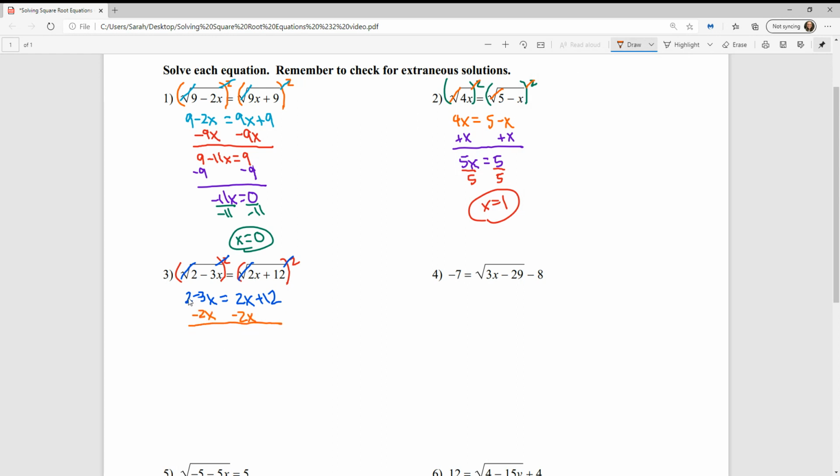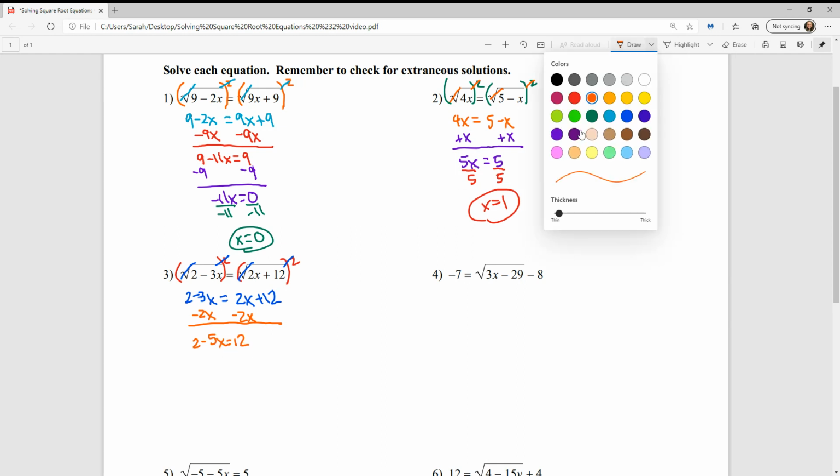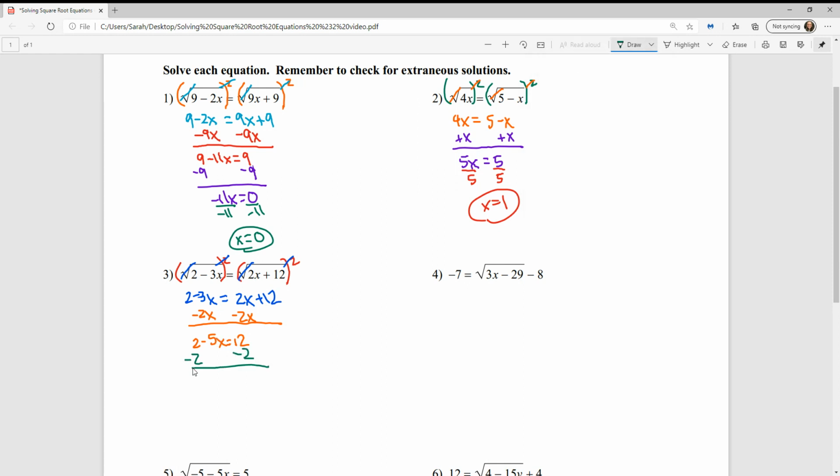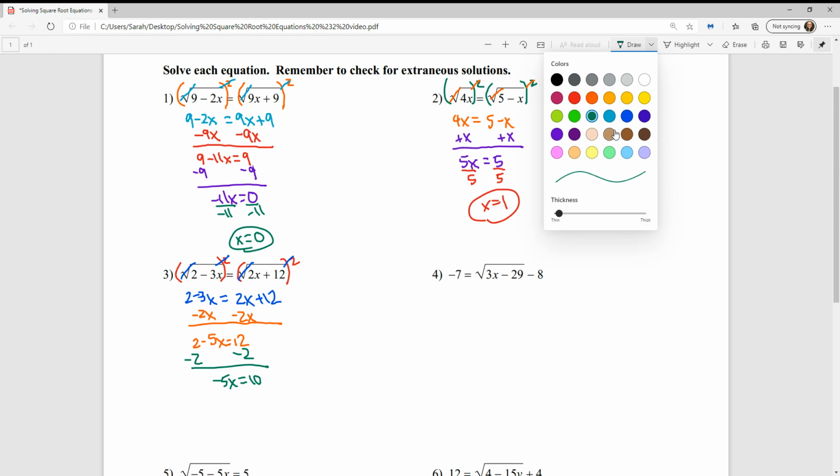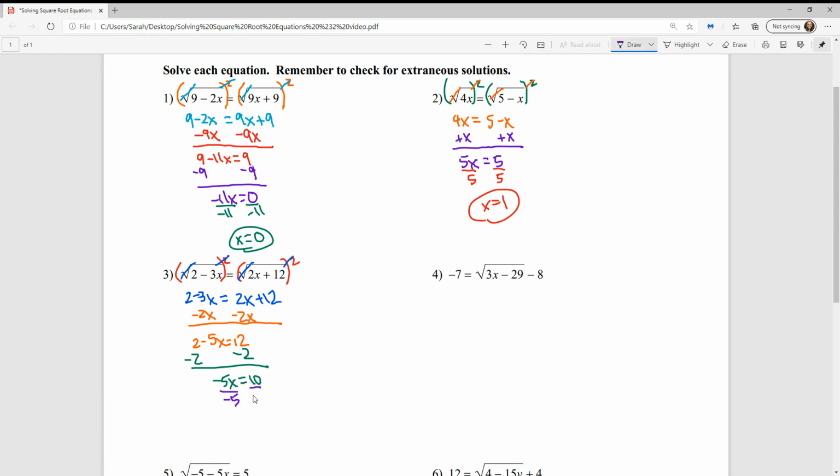You could have done that the other way, that's fine. From there, since I got x's on the left side, I need to get numbers on the right side, so I'm going to subtract 2 from both sides. And then divide to get x completely by itself. 10 divided by 5 is negative 2, so x is negative 2.